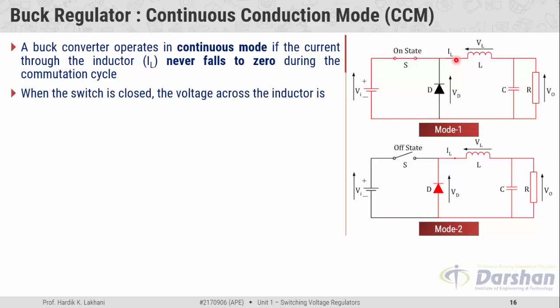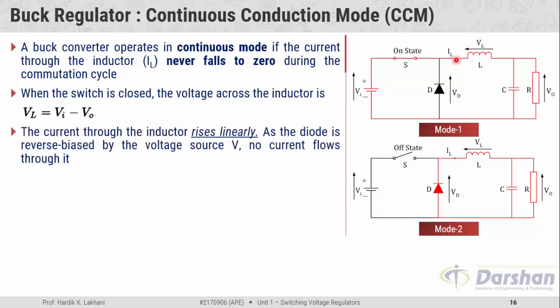When the switch is closed, that is in mode 1, as I explained, the voltage across the inductor is V input minus V output. The current through the inductor gradually increases in the first interval, and as the diode is in the reverse bias condition because of the voltage source V input, no current flows through the diode.